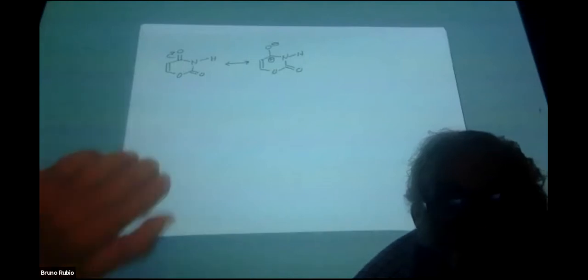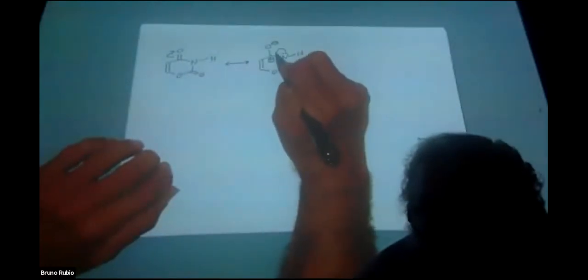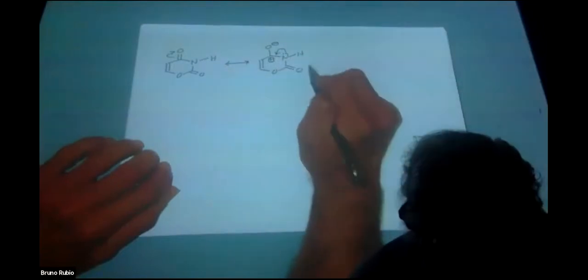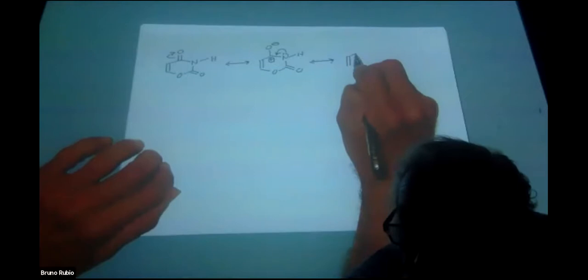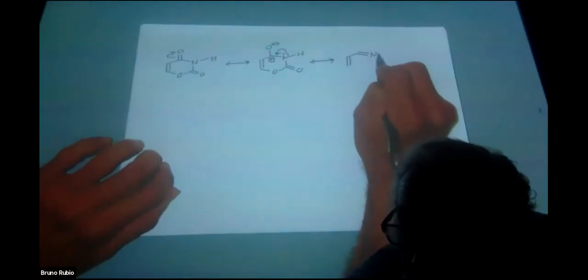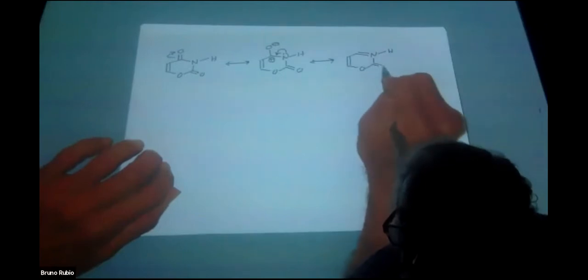Oh, yeah, move the lone pair on the nitrogen. We just did that in the previous resonance structure. This nitrogen has a lone pair of electrons. I can slam this unshared pair down. And so now I have this guy.